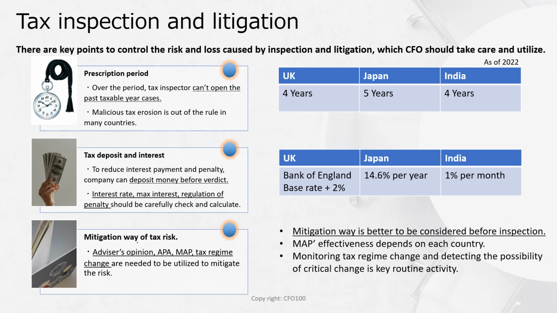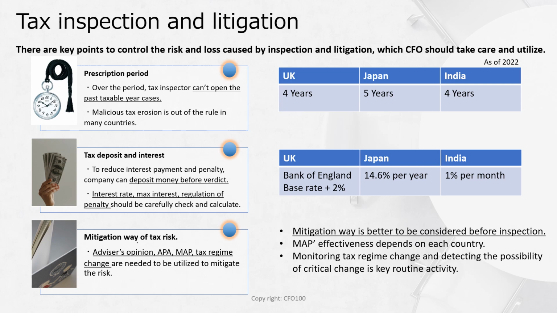Monitoring tax regime change and detecting the possibility of critical change is a key routine activity which the tax department should take care of and inform the CFO. By the combination of those mitigation ways, CFO can reduce the tax risk, but the most proper way is doing the correct tax filing.